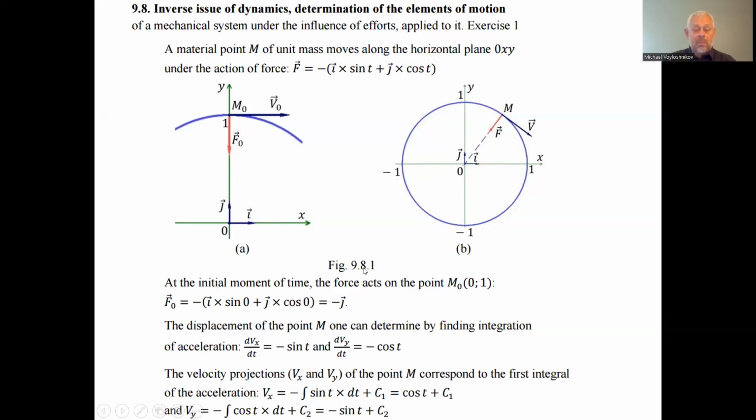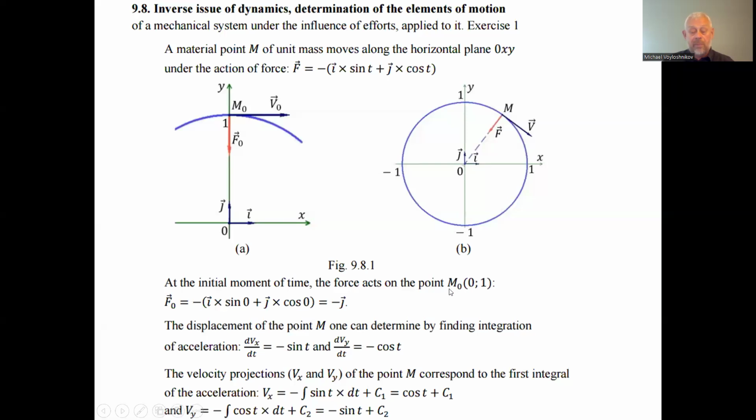At the initial moment of time, initial meaning t equal to 0, the force acts on the point M0, and the force is 0, 1. This is the force, and the force indicated in the definite figure 9H1A, it's minus 1.